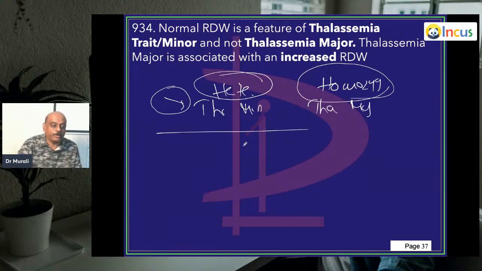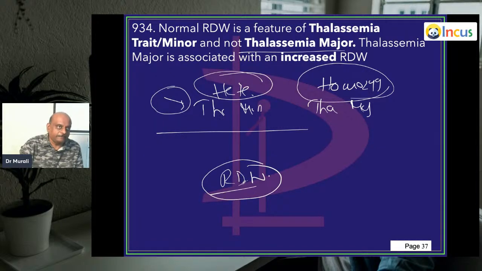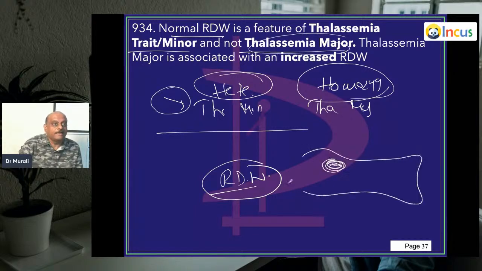So that's a point. So thalassemia trait. So how do you differentiate thalassemia trait from major? How is RDW, the red cell distribution width? If it is thalassemia minor, it is normal. But in thalassemia major, the RBCs will be broken within the bone marrow, even before release.